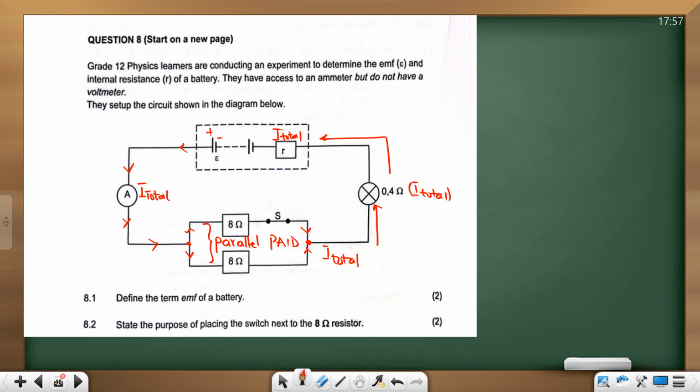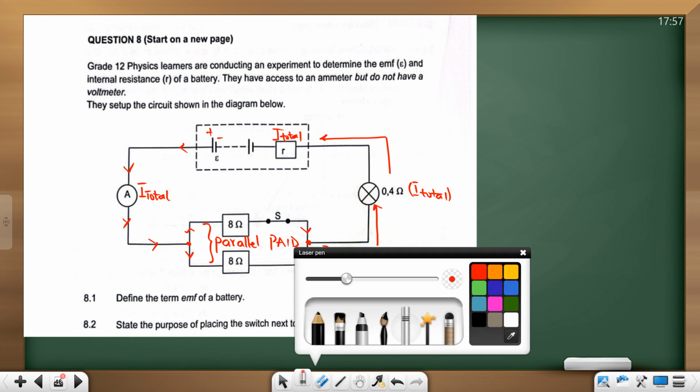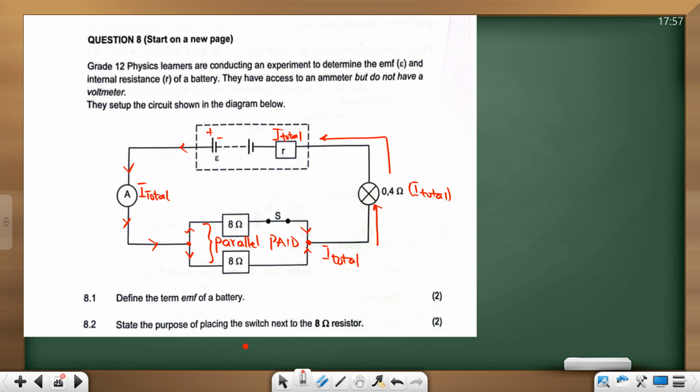State the purpose of placing the switch next to the 8 ohm resistor. Now let's try something. Guys, if I leave this connected like this, how many resistors do I have working? They are connected in parallel, and this parallel is connected in series to that. Are we okay?